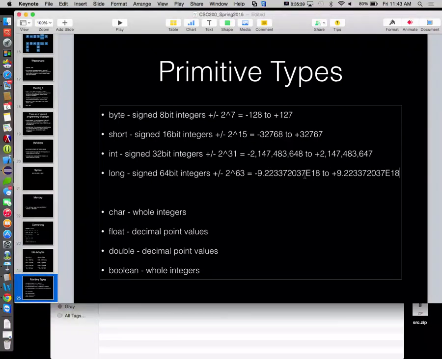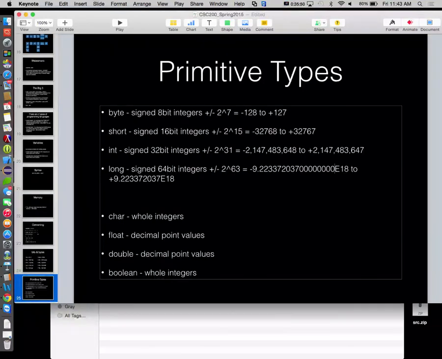So we have 18. Well, 1, 2, 3, 4, 5, 6, 7, 8, 9. So 9 more zeros. That number to that number. Take the points off.